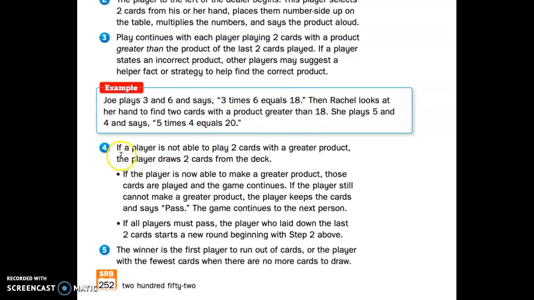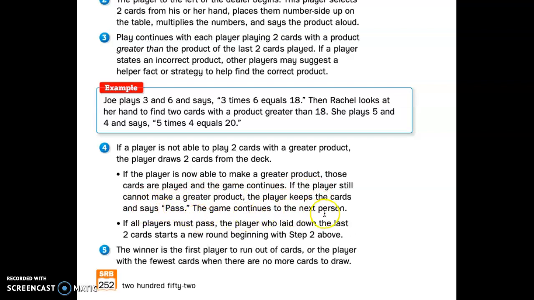Number 4, if a player is not able to play 2 cards with a greater product, the player draws 2 cards from the deck. So if Rachel didn't have anything bigger than an 18, she would grab a card from the middle. She would look at her hand. If the player is now able to make a greater product, those cards are played and the game continues. If the player still cannot make a greater product, the player keeps the card and says pass.